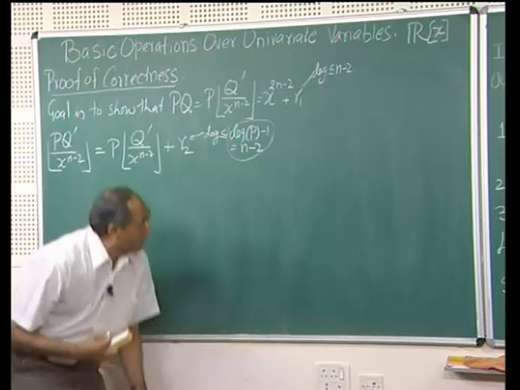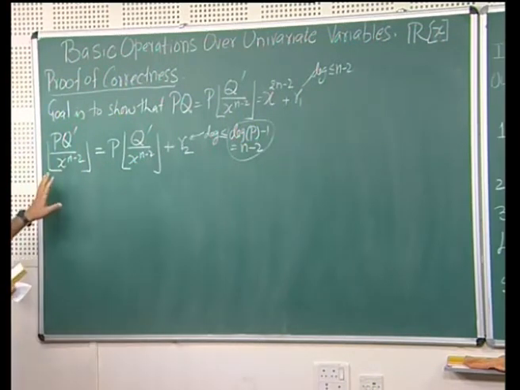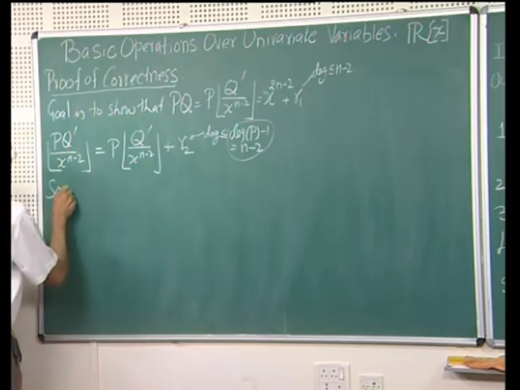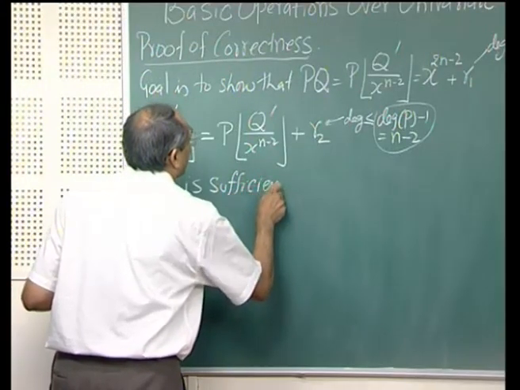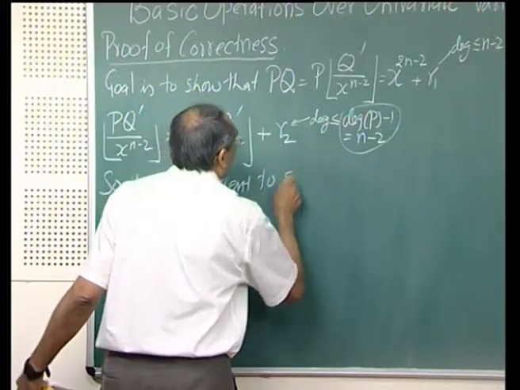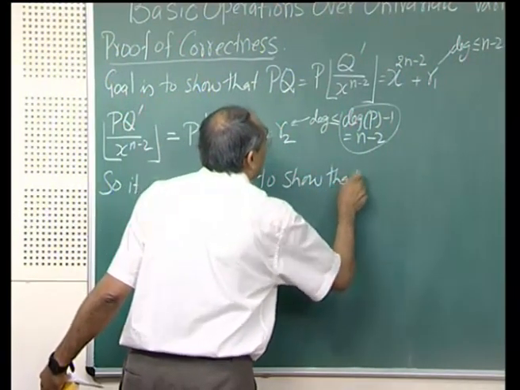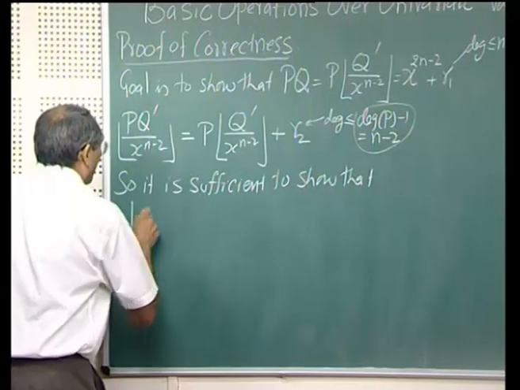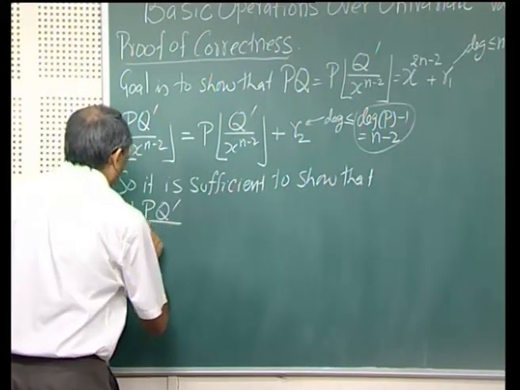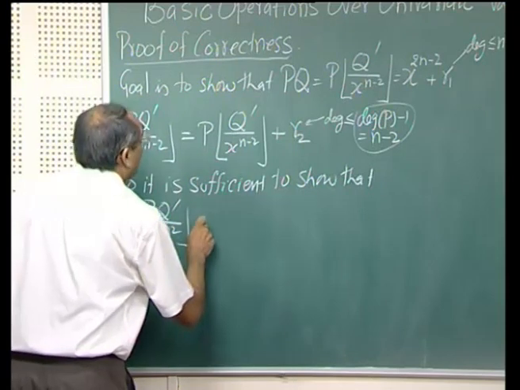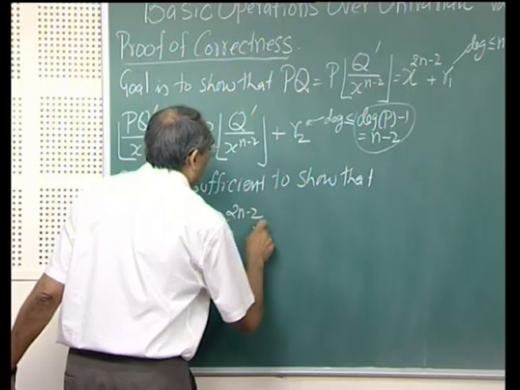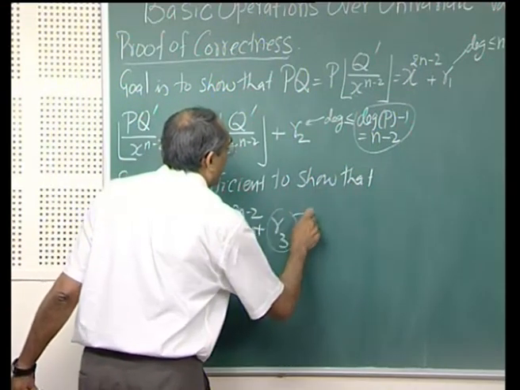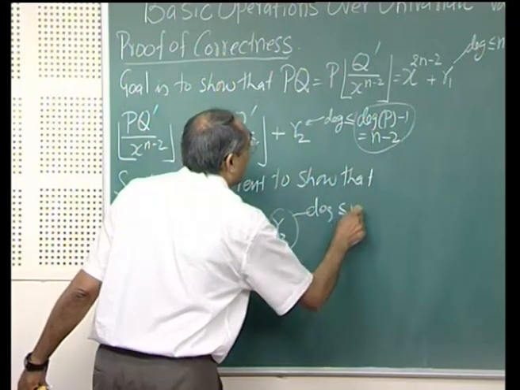So, it is sufficient to show that P q' by x to the power n minus 2 is x to the power 2n minus 2 plus some R3 with degree less than or equal to n minus 2.